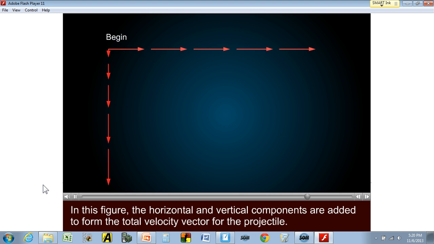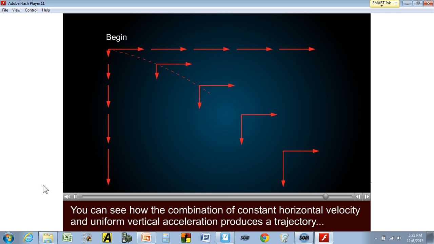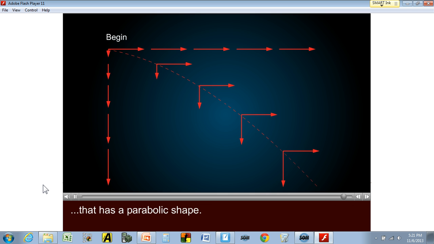In this figure, the horizontal and vertical components are added to form the total velocity vector for the projectile. You can see how the combination of constant horizontal velocity and uniform vertical acceleration produces a trajectory that has a parabolic shape.